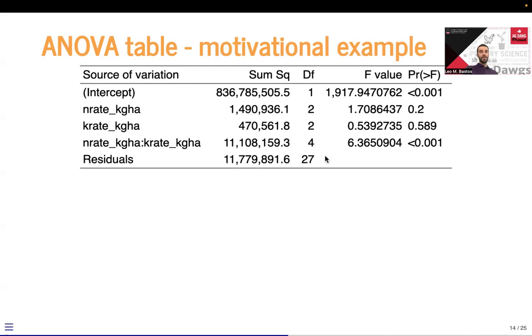Very interestingly, you can see that how much variability is in the error is almost equivalent to how much variability is in that interaction. Potassium rate has very little variability explained by it, and so on. So we see that there is a lot of noise in this data set, in this analysis.